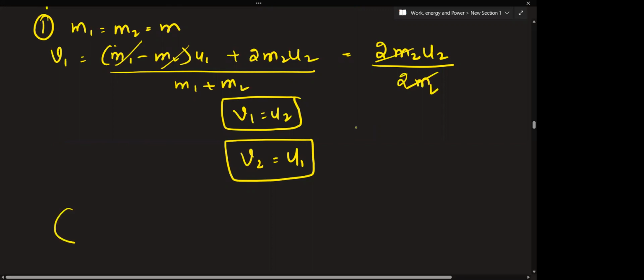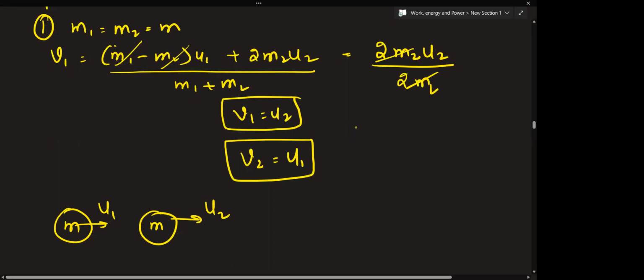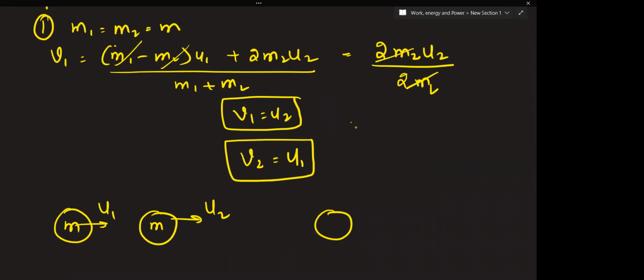It is like this. M mass is there with U1, and M mass with U2. Remember, we are not using M1 and M2 because both the masses are the same, so we are using a single term only. Once the collision is over, this M becomes U2 and this M becomes U1.